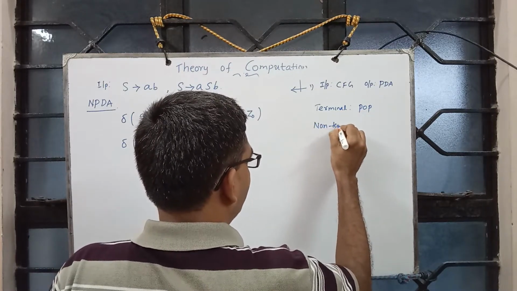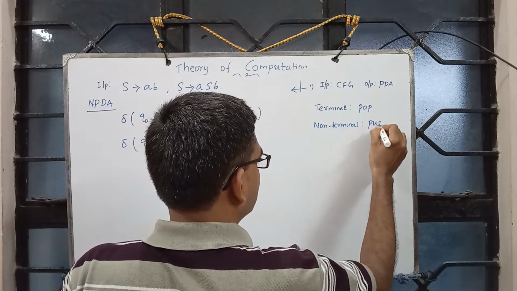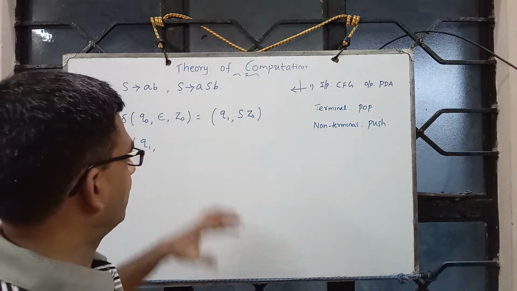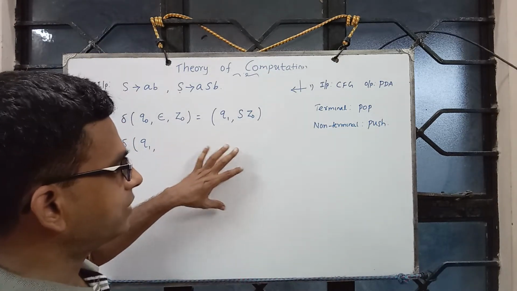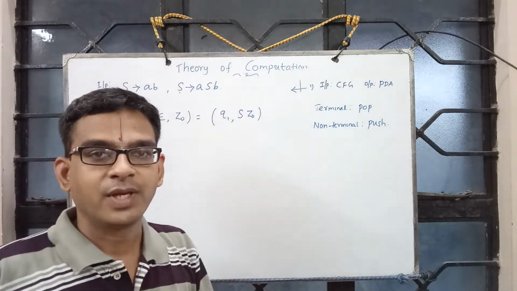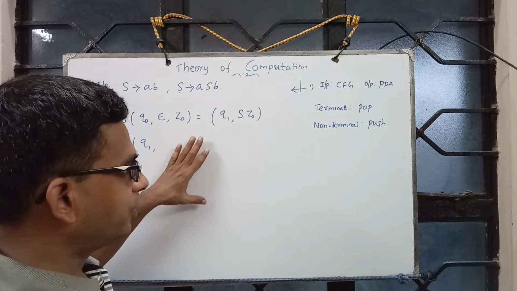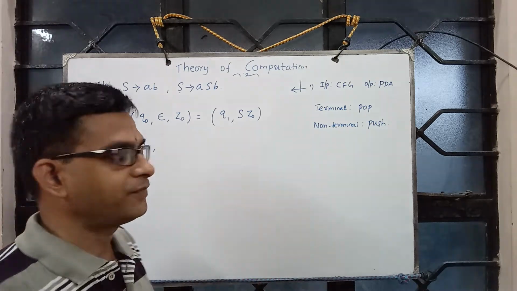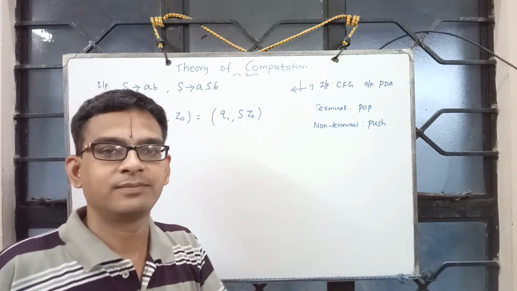If it is a non-terminal, go for push, and there may be many productions, right? One has to non-deterministically choose the right production. But when you write the description, you have to write all possible values. When you trace, you have to appropriately choose the right one. Fine.